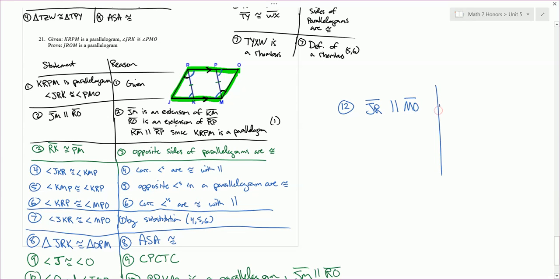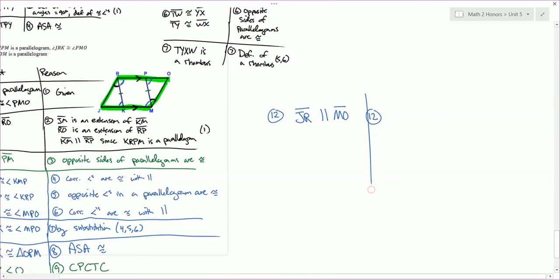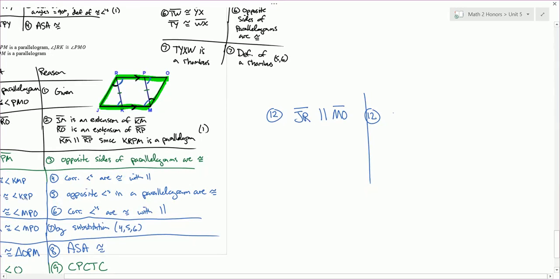And our reason is if we have same side interior angles supplementary, then we get that they're parallel. One of the findings with parallel lines.